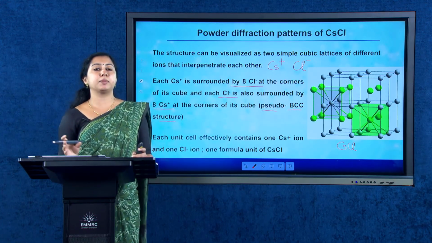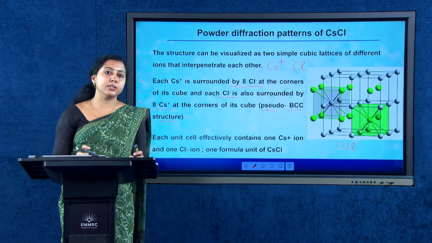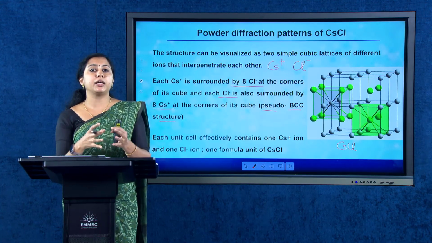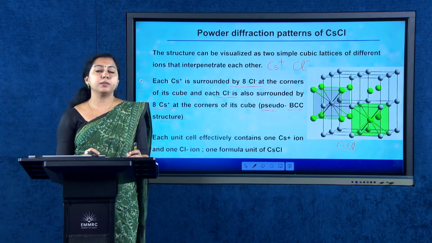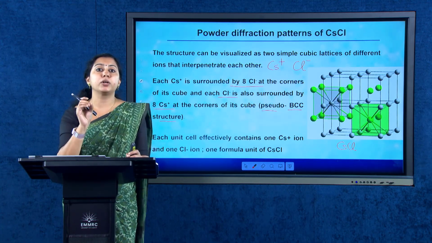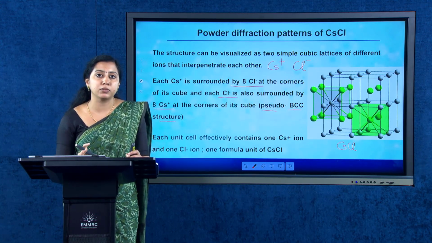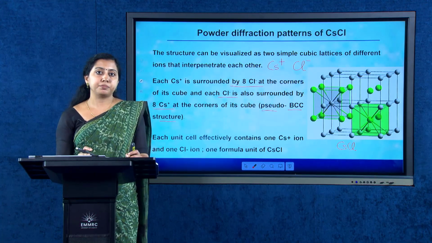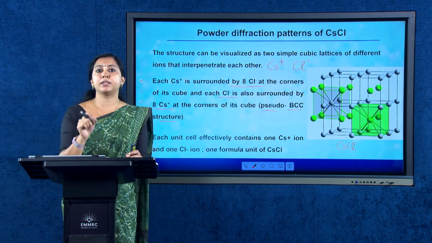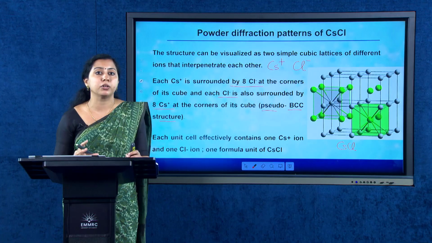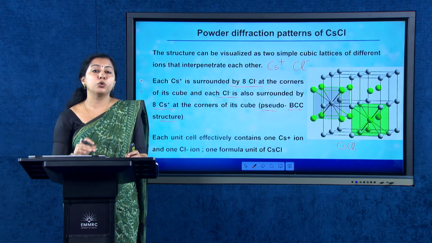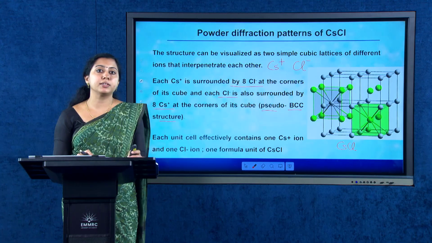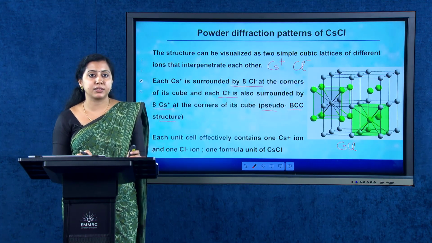Actually, in each lattice the atoms are present only at the corners, but because of the interpenetration of the two simple cubic lattices, we may feel that the cesium ion is present at the body center surrounded by chloride ions at the corners. Similarly, the chloride ion is present at the body center surrounded by cesium ions at the corners. So, we may call it a pseudo BCC structure, but actually it is a simple cubic structure.